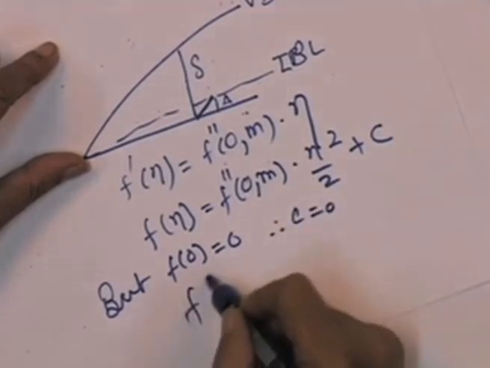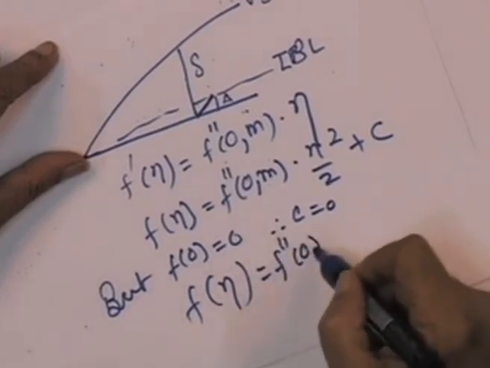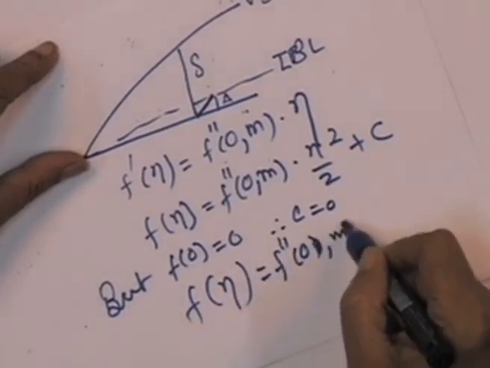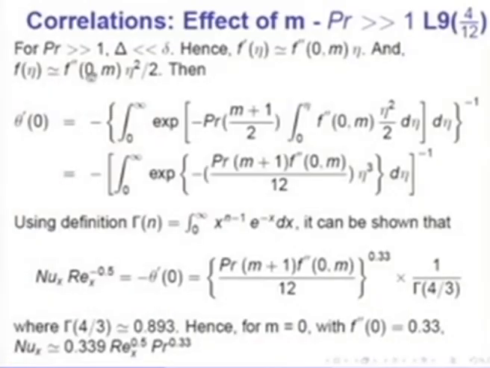So, essentially I get f eta equal to f double prime 0 into eta square by 2, and that is what I have shown here. f eta would be approximately equal to f double prime 0 m eta square by 2.